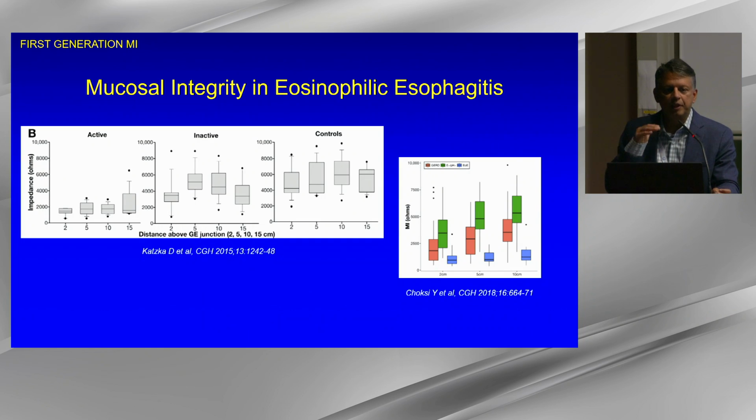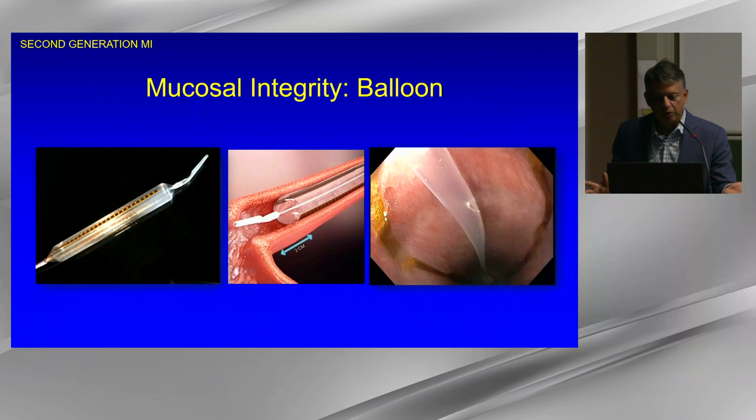In other words, if the decrease in impedance was throughout the esophagus, that was more likely to be EOE. If there was a gradient between the distal esophagus and the proximal esophagus, that was more likely to be reflux. And if it was normal throughout, that was likely a non-GERD situation.